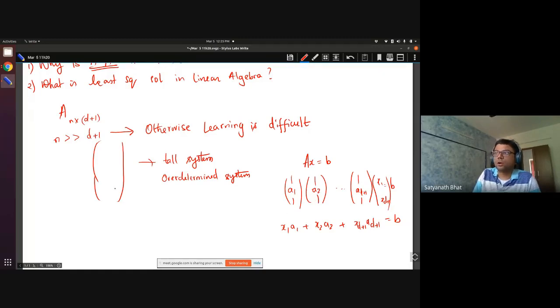But whenever you have a tall system, there is no guarantee that the system is consistent. The system can be inconsistent, which means there doesn't exist an x such that Ax equals B. It's more likely that you will not find an x which is equal to B.